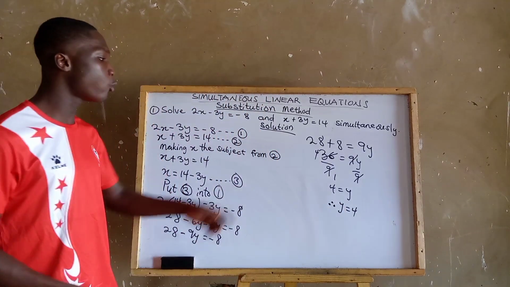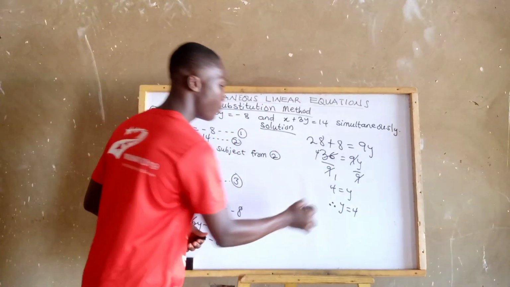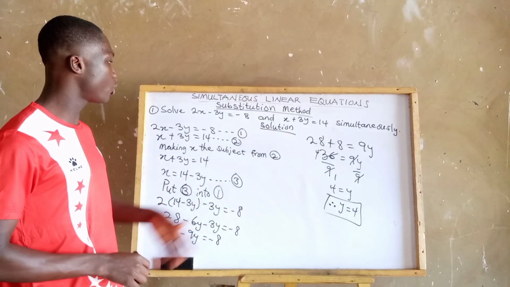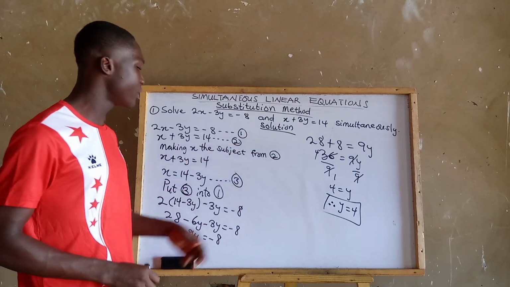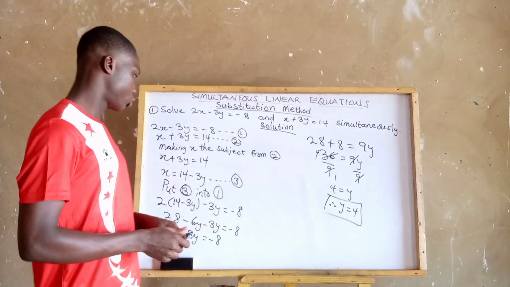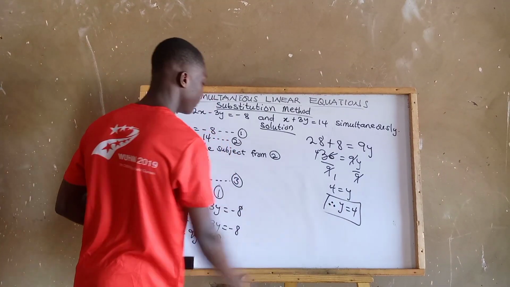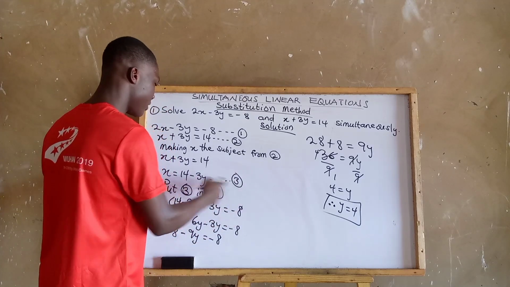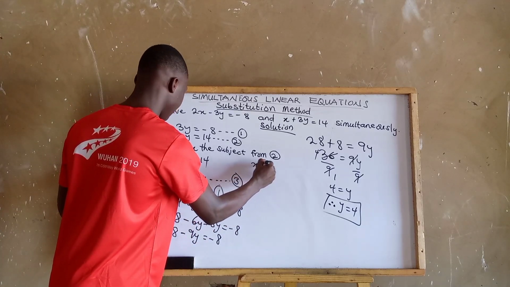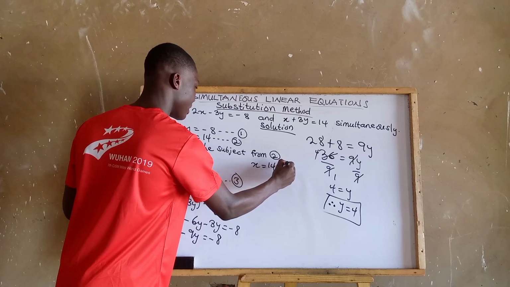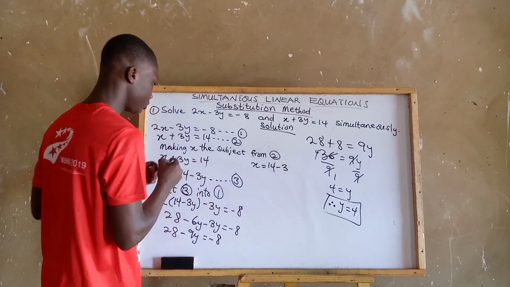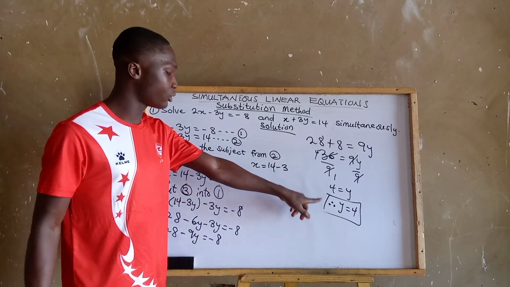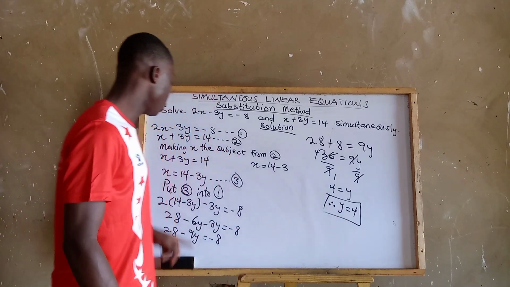So now the value of y is 4. We can put this value of y into any of the equations, be it equation 1, equation 2, or equation 3, to find the value of x. So let's put y is equal to 4 into equation 3 and see. From equation 3, we have x is equal to 14 minus 3y, and y will be 4 because we are putting y is equal to 4 into equation 3.